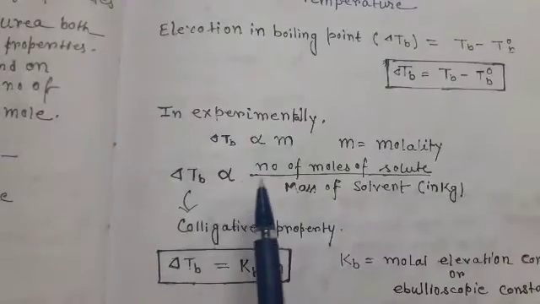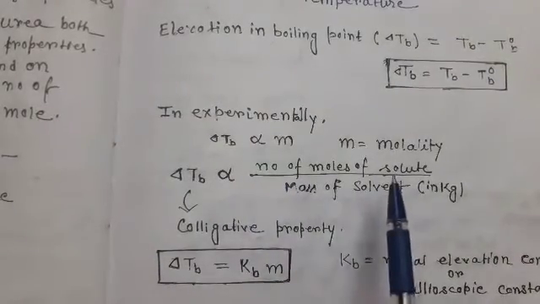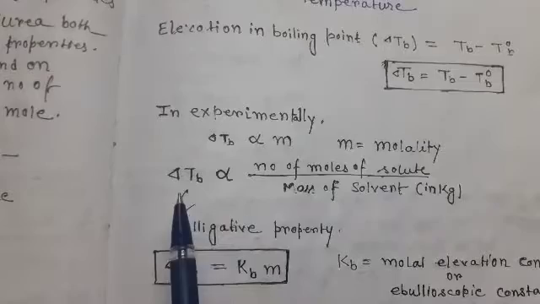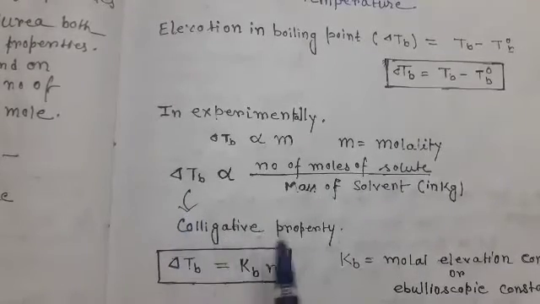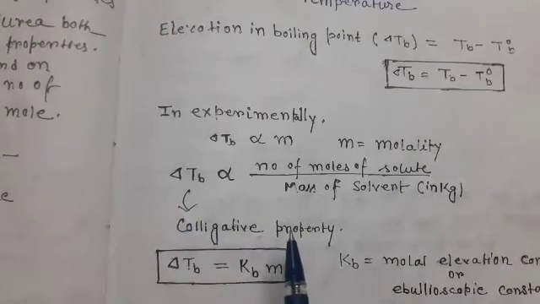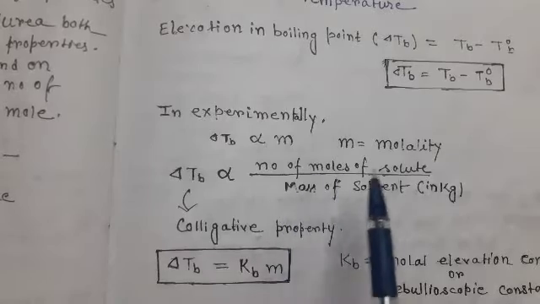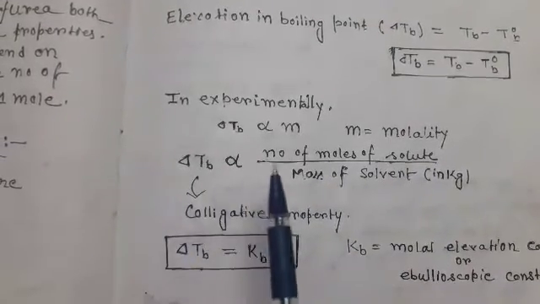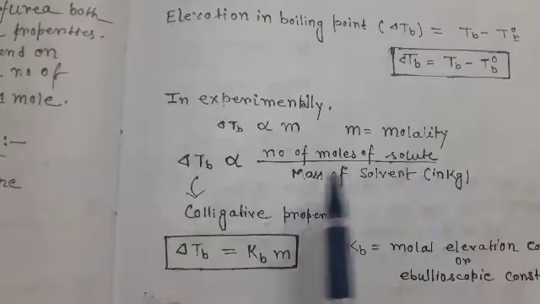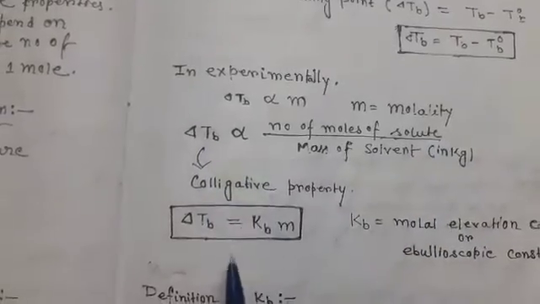That means it depends on the number of solute particles. So we can say that delta Tb is a colligative property, because we know that colligative properties only depend on the number of solute particles.